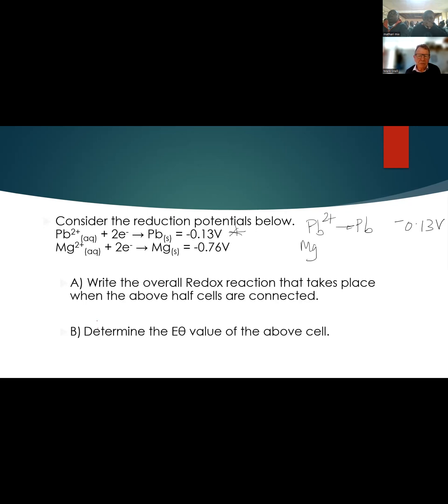So it goes from Mg to Mg2+, and we change the sign on its value. So it becomes positive 0.76 volts. And that makes 0.63 volts. And that's the whole thing. That's the whole way to do it.